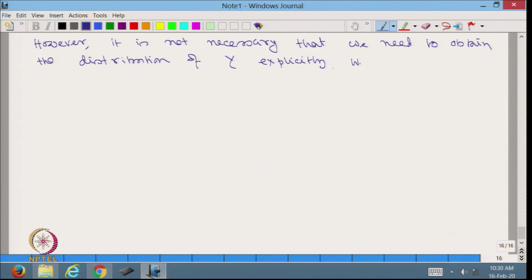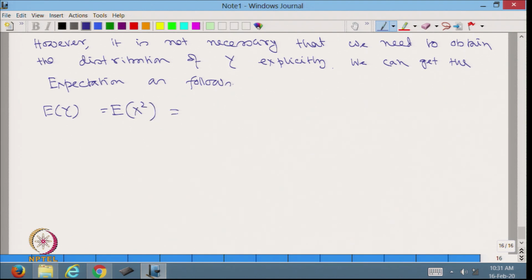We can get the expectation as follows. Expectation of y is equal to expectation of x square is equal to sigma x square into p x, that is, I am changing the value from x to x square and multiplying by the probability of x and I am summing over x.